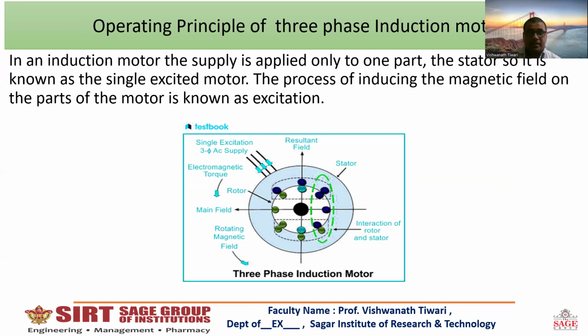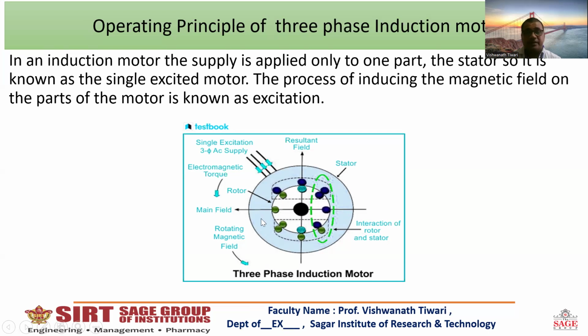This is the circuit diagram to understand the working principle of the motor. This is the rotor, the rotating part of the motor, and this is the stationary part, known as the stator. When a three-phase supply is given to the stator, according to Faraday's law of electromagnetic induction, a rotating magnetic field is developed.